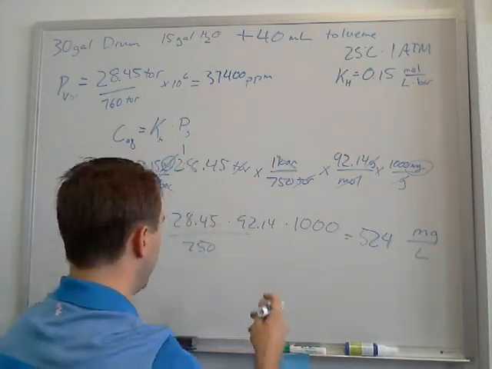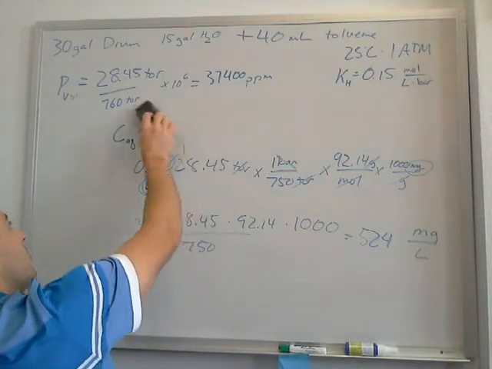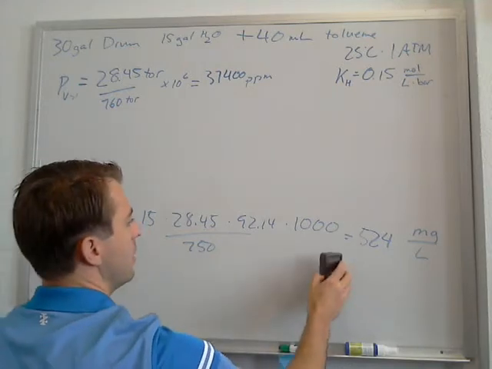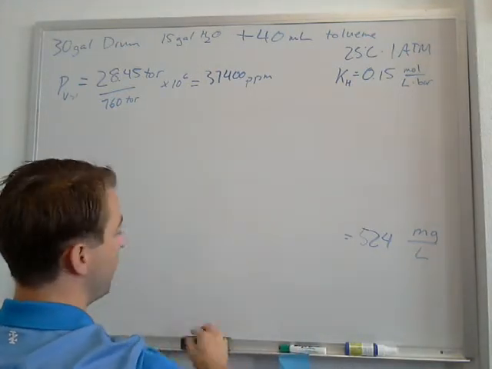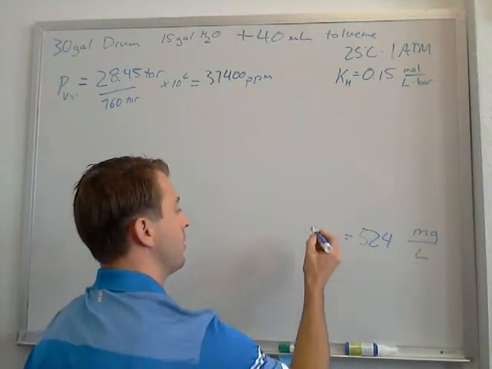So we can convert from parts per million into milligrams per cubic meter, which is a pretty standard industrial hygiene calculation, by multiplying by our molecular weight and dividing by molar volume.